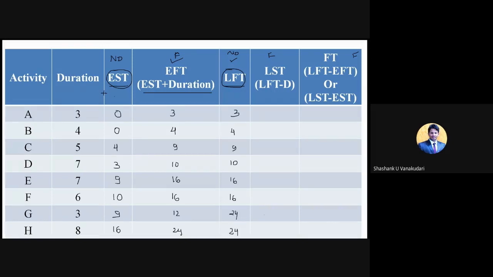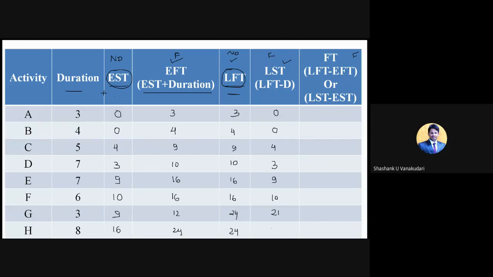Now from this LFT value, you need to deduct the duration, and then you will get the LST value. 3 minus 3 is 0, 4 minus 4 is 0, and 9 minus 5 is 4. Just cross check it once. 10 minus 7 is 3. 16 minus 7 is 9, and 16 minus 6 is 10. 24 minus 3 is 21.